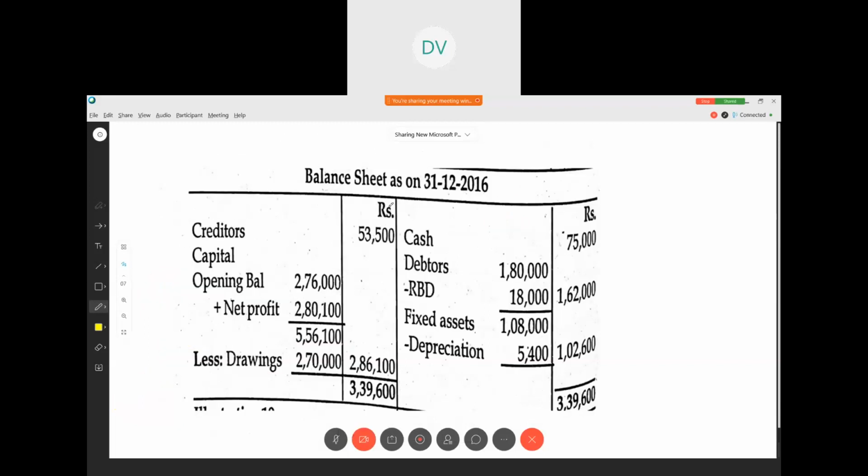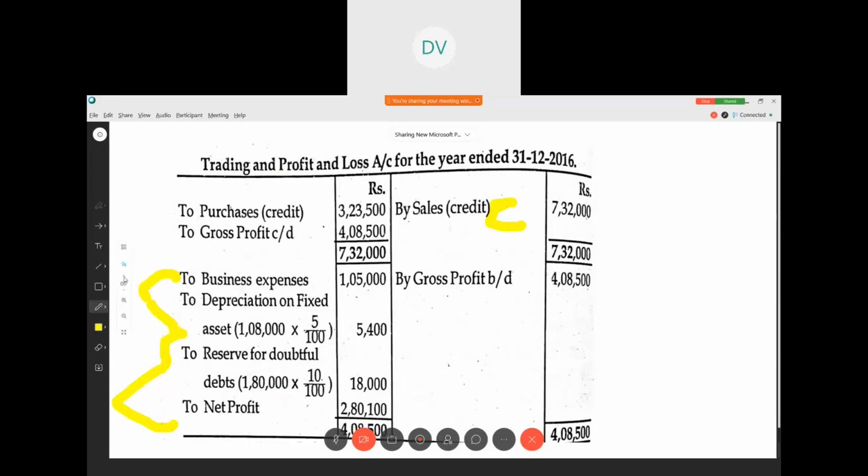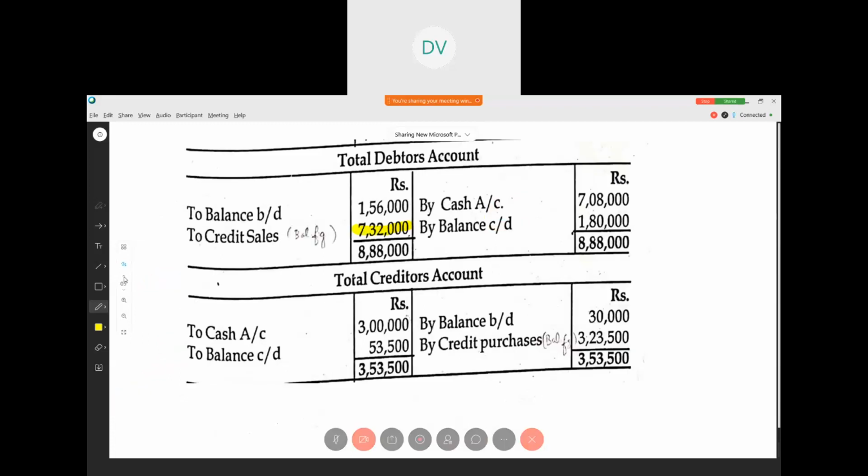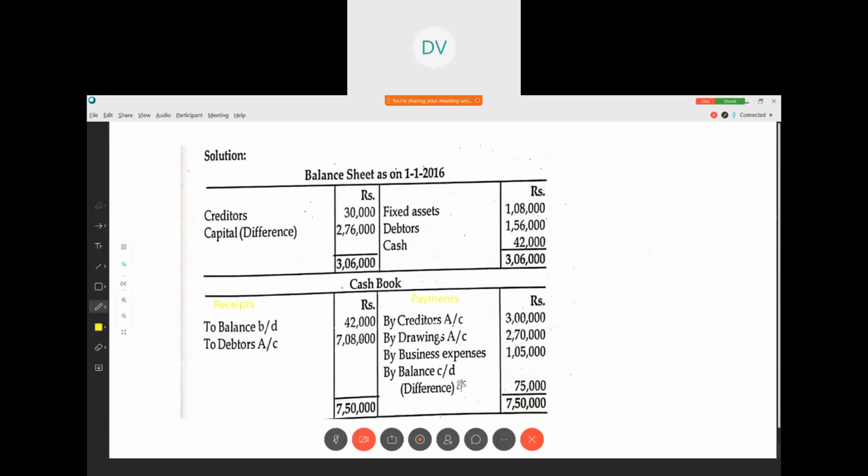Then finally we can prepare the balance sheet. So how do we prepare the balance sheet? Cash 75,000. What is this 75,000? Cash closing. The debtors, all these things are there, no? After making the adjustment, we have to write. So cash 75,000. We have prepared the cash account, the cash book. In that, see, closing balance, this we have to write.